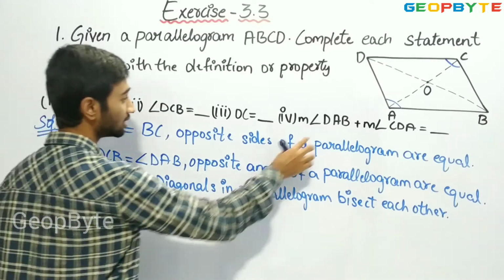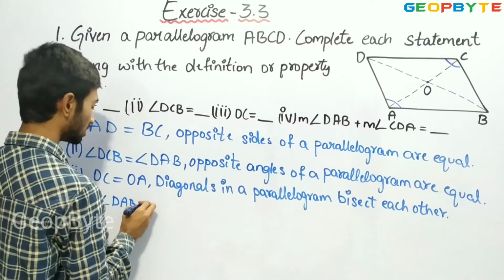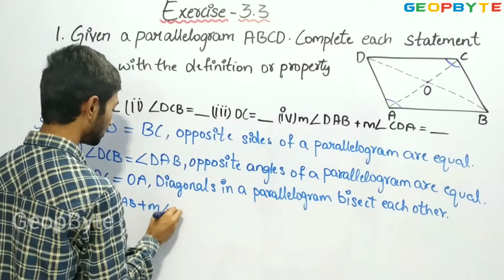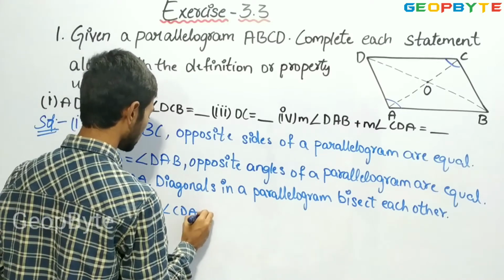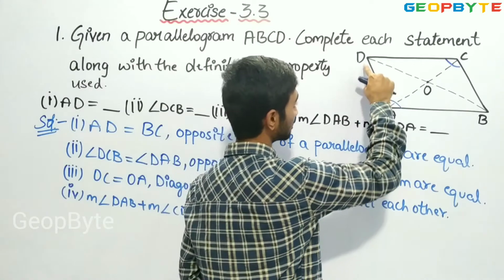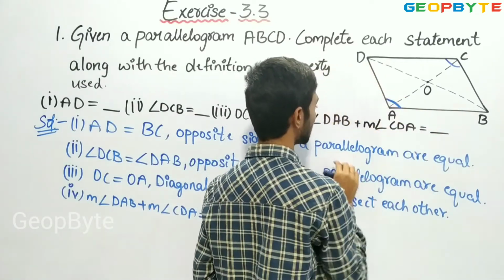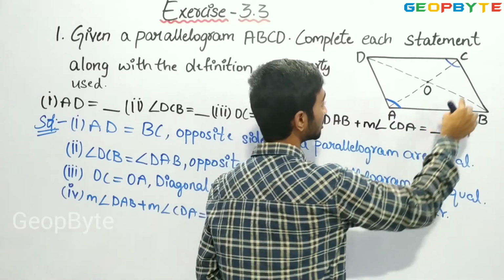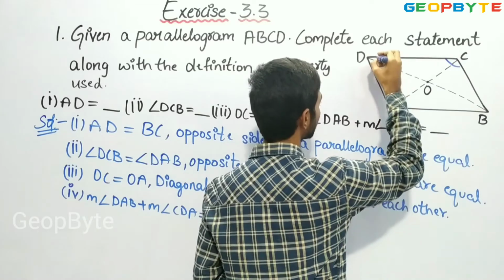M angle DAB plus M angle CDA equal to what? So, angle DAB means this, DAB. So, this angle plus M angle CDA. CDA is this, CDA.